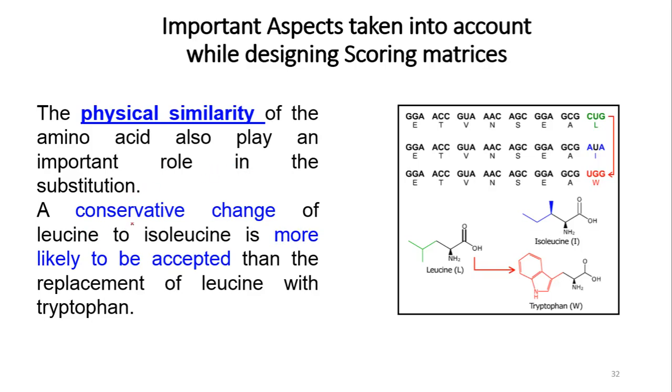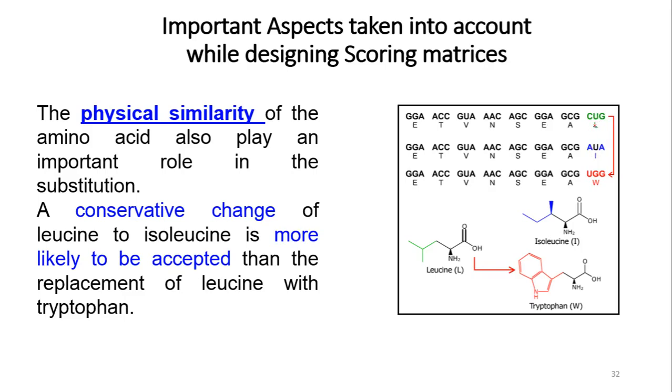For example, a very conservative change of leucine to isoleucine is more likely to happen than the replacement of leucine with tryptophan. These are conservative changes.